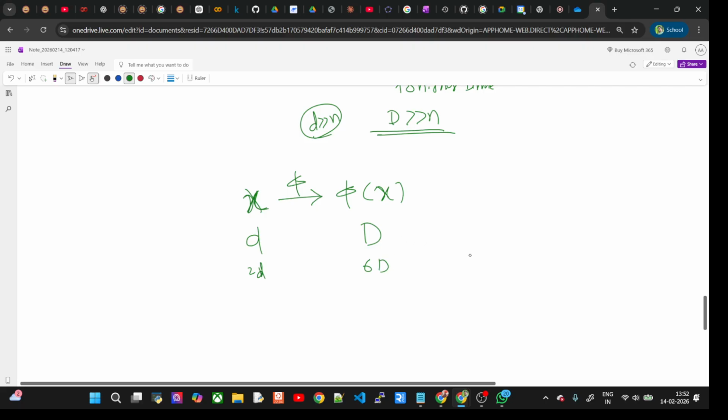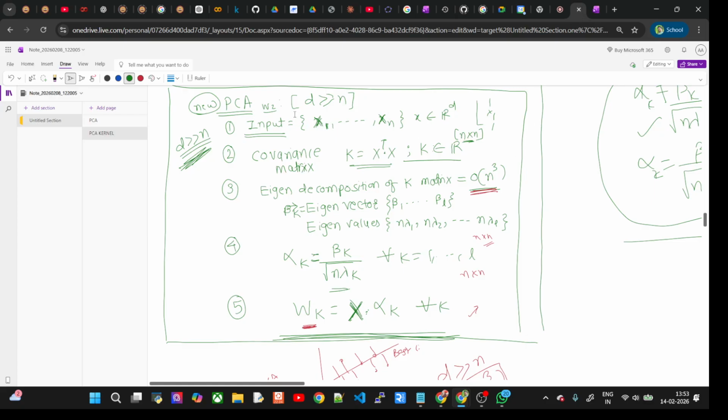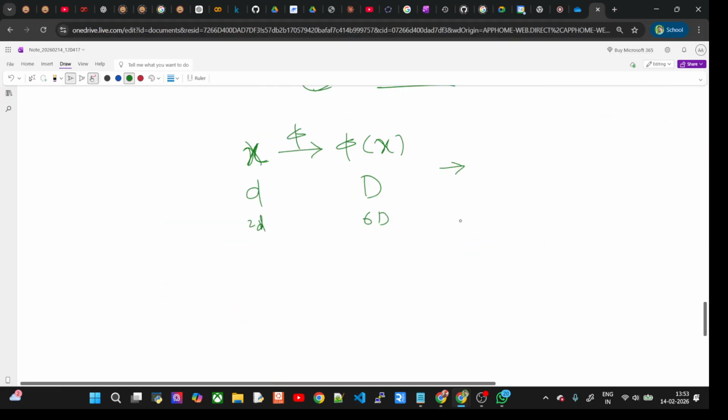So what we are doing here, in this equation, you are calculating k equal to x transpose x, that is the covariance matrix. But here there won't be a covariance matrix because it's now converted to phi of x in the higher dimension.